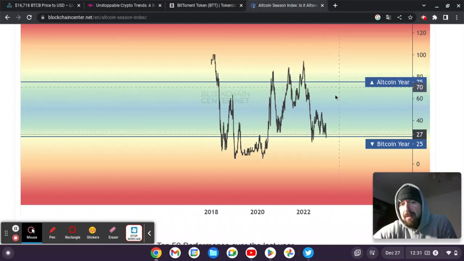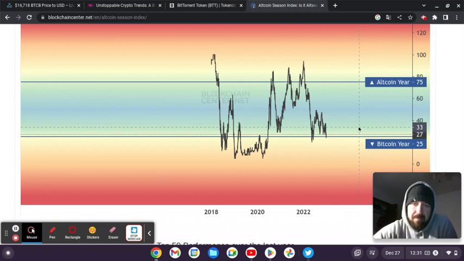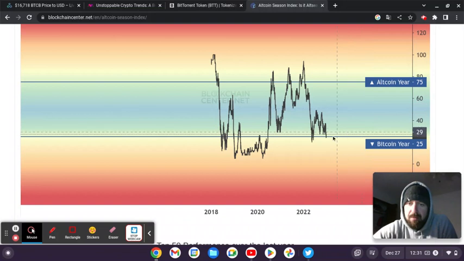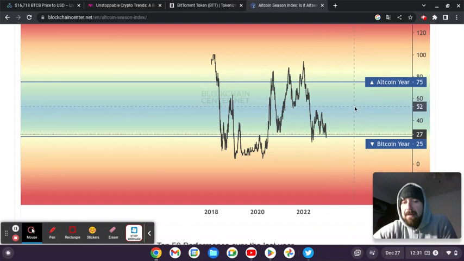Up here, you're seeing more market cap going to altcoins. Down here, the majority of the market cap is held by Bitcoin. So once this chart starts moving this way, obviously more money is moving into the altcoins. Altcoins usually start seeing a lot more money come in before the Bitcoin halving.